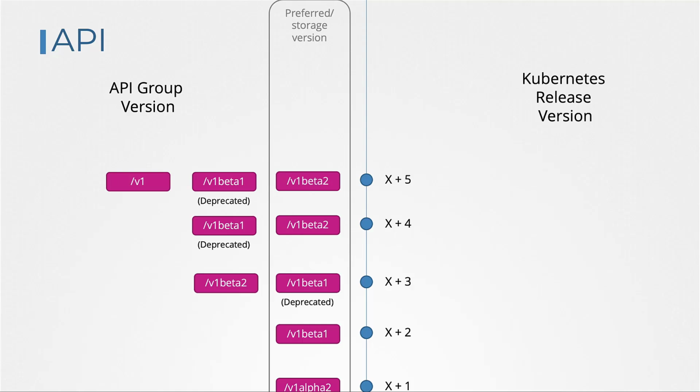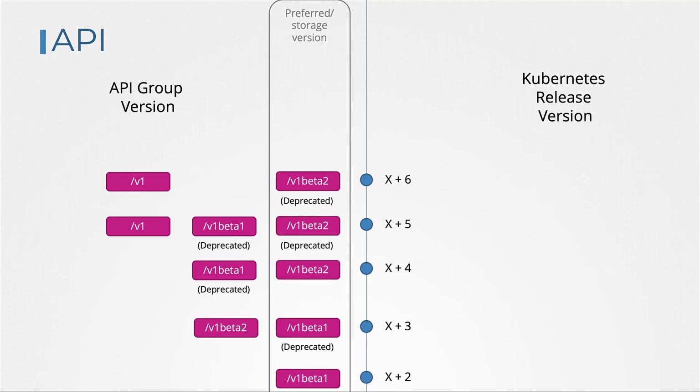So now v1 beta 1 and v1 beta 2 are deprecated. In the next release, we can remove the v1 beta 1 version because as per rule 4a, a beta version needs to be supported for 3 releases. Beta 1 was deprecated in release X+3, and it's been around for X+4 and X+5, so that's 3 releases, and it can now be removed.